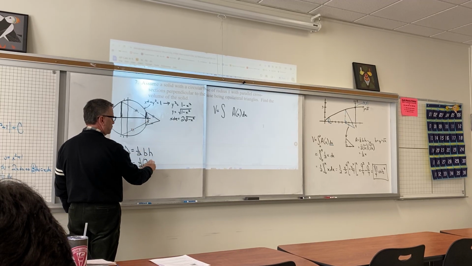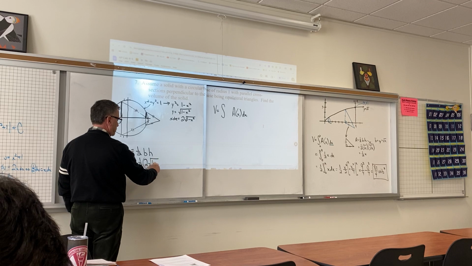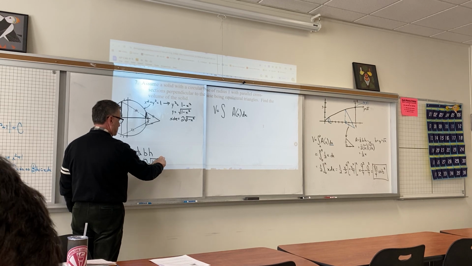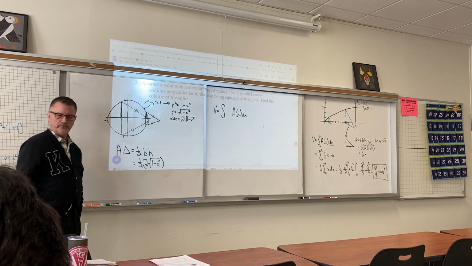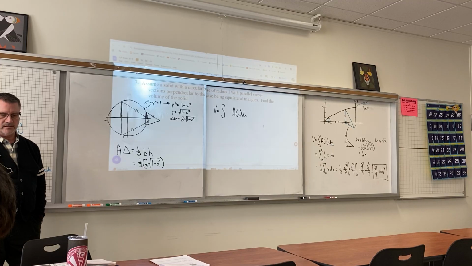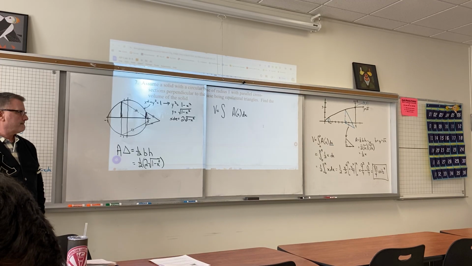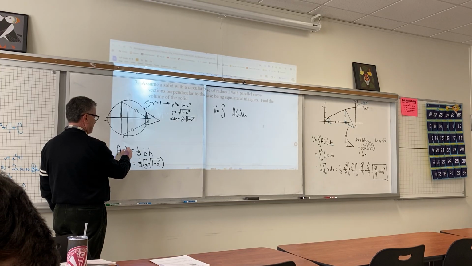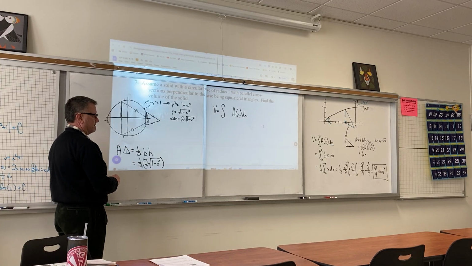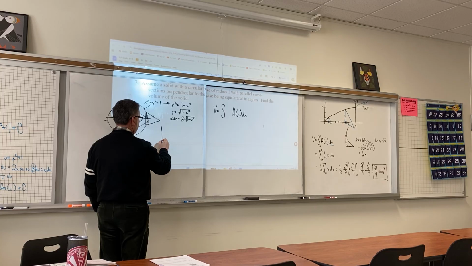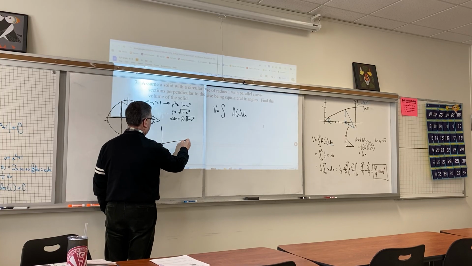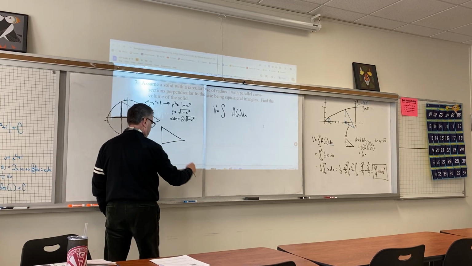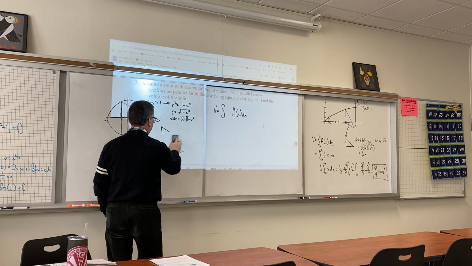One half, 2 square root of 1 minus x squared, times the height. No, that is a horrible equilateral.